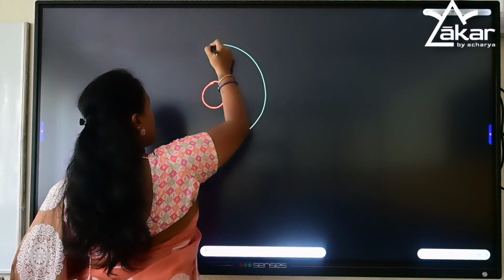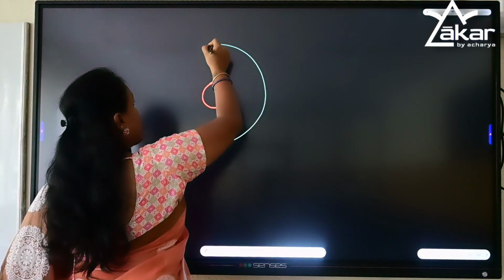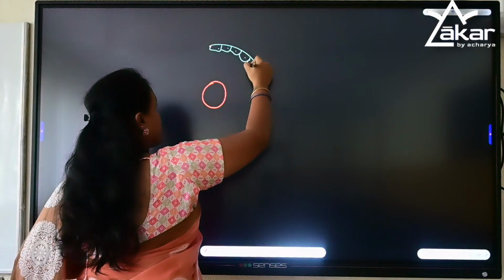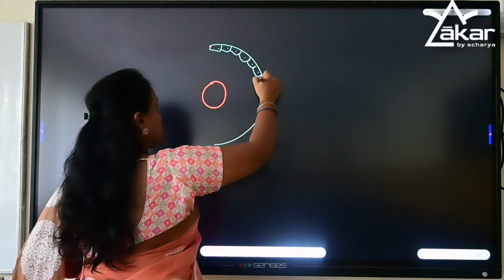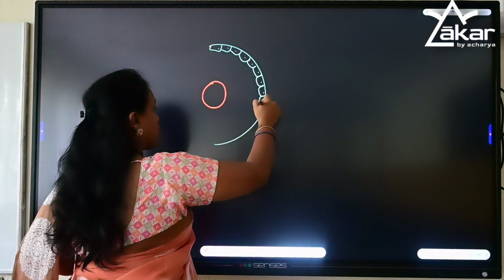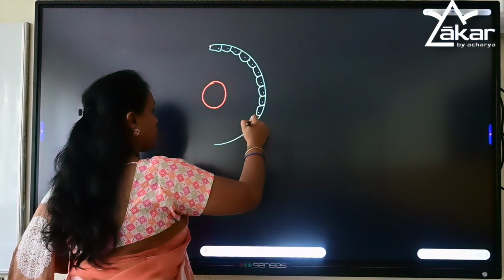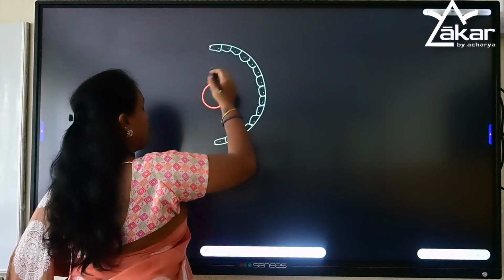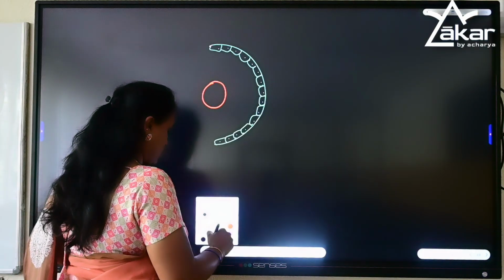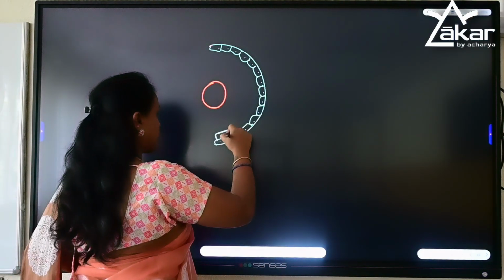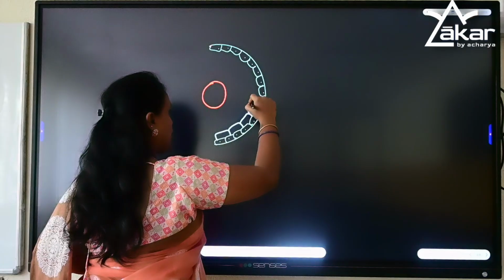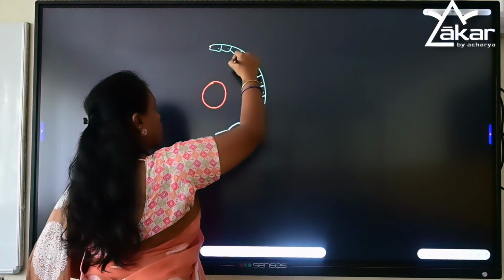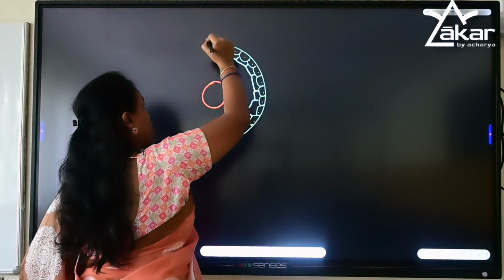This is the outer epidermis, one cell thick. Then comes our endothecial layer.